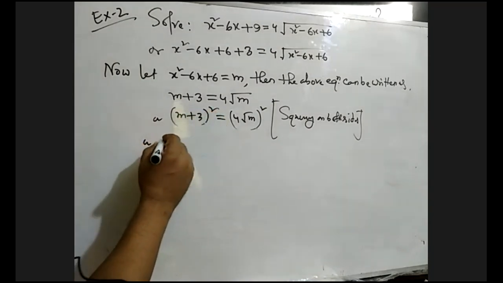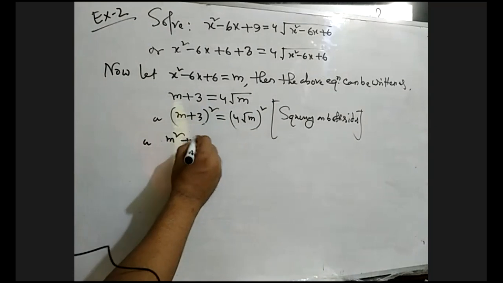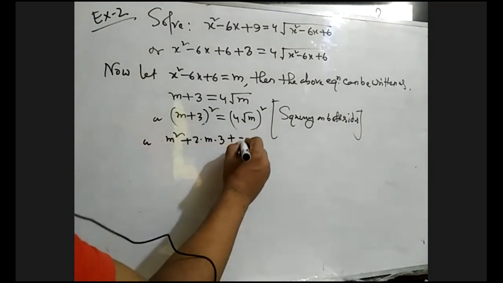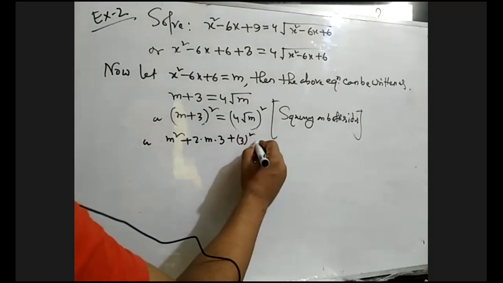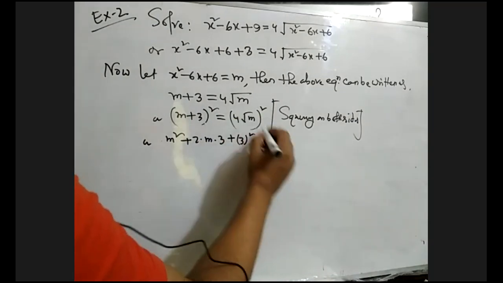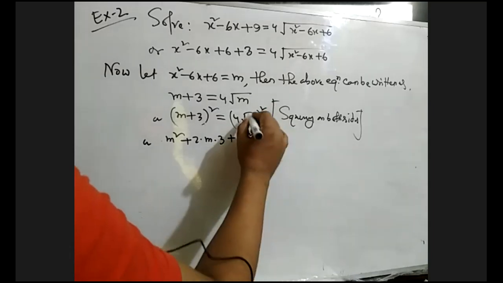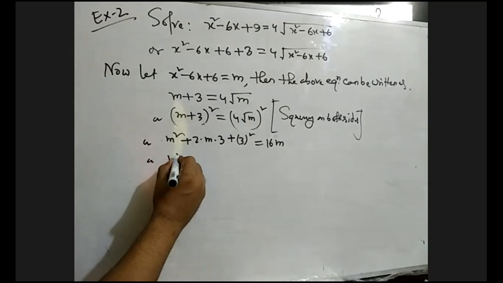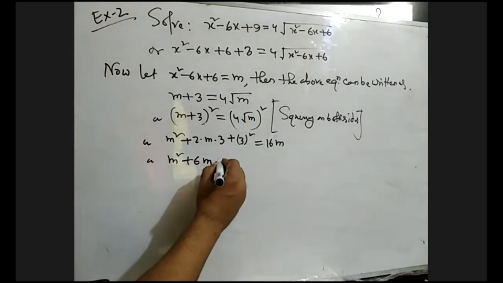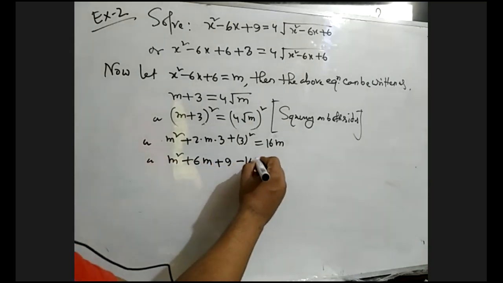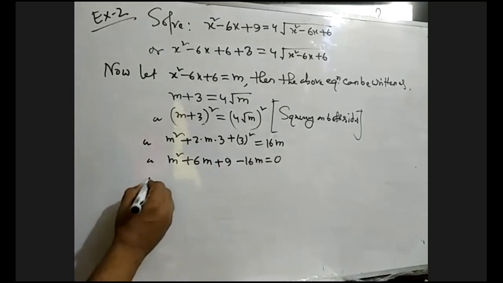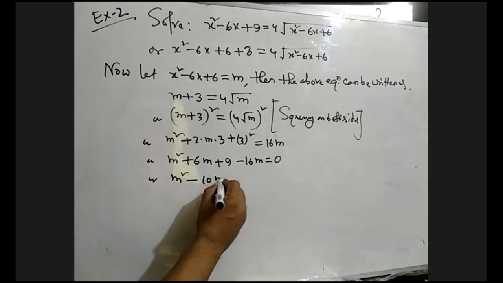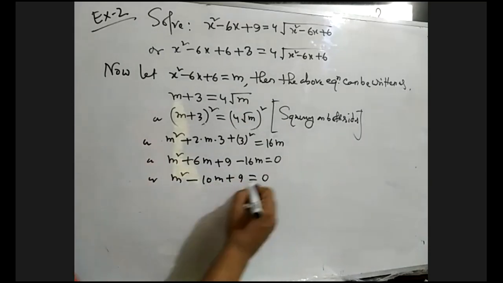That means the a plus b whole square formula. So m square plus 2 times m times 3 plus 3 square equals 4 square, which is 16, times root m whole square, which is only m. So we can write m square plus 6m plus 9 minus 16m equals 0, or m square minus 10m plus 9 equals 0.